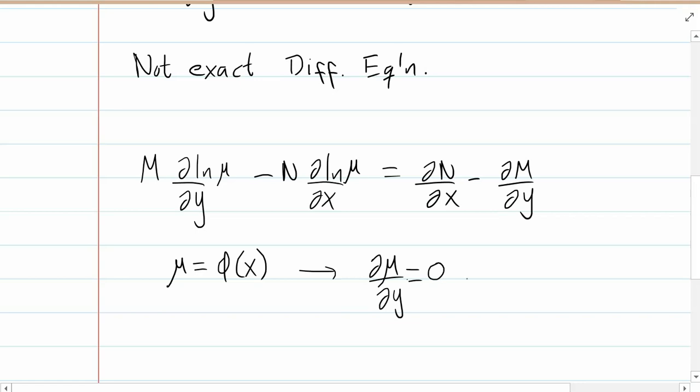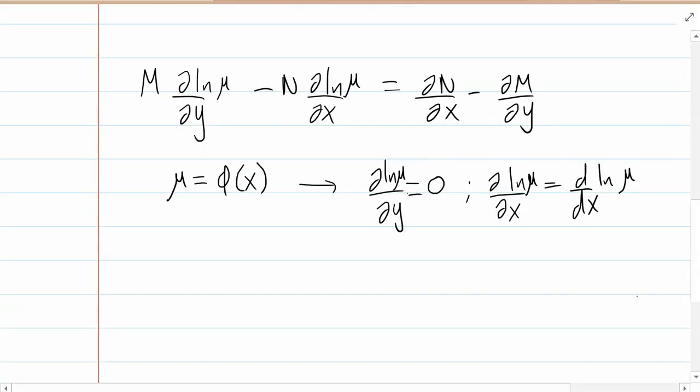And it also means that the partial derivative with respect to x becomes a total derivative, because mu depends only on one single variable. In this case that would be x.